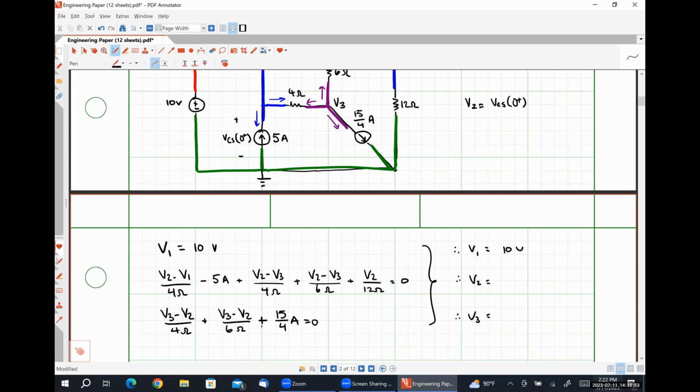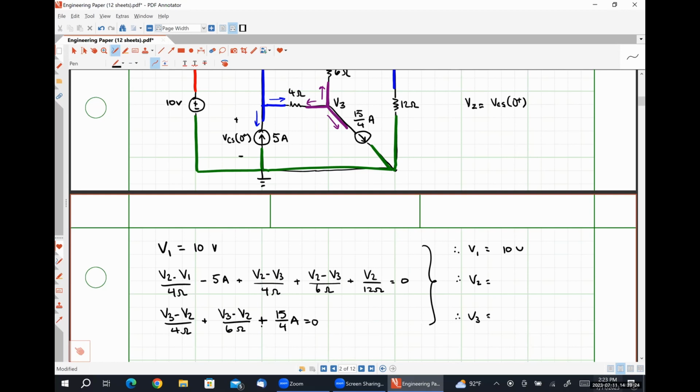Solving this system, I get V1 is 10. V2 is 72/7. That doesn't sound right to me. So let me revisit my system and see what I put in correctly, because what you had sounds much better. Should be, I think, like 11 1/4 or something like that.